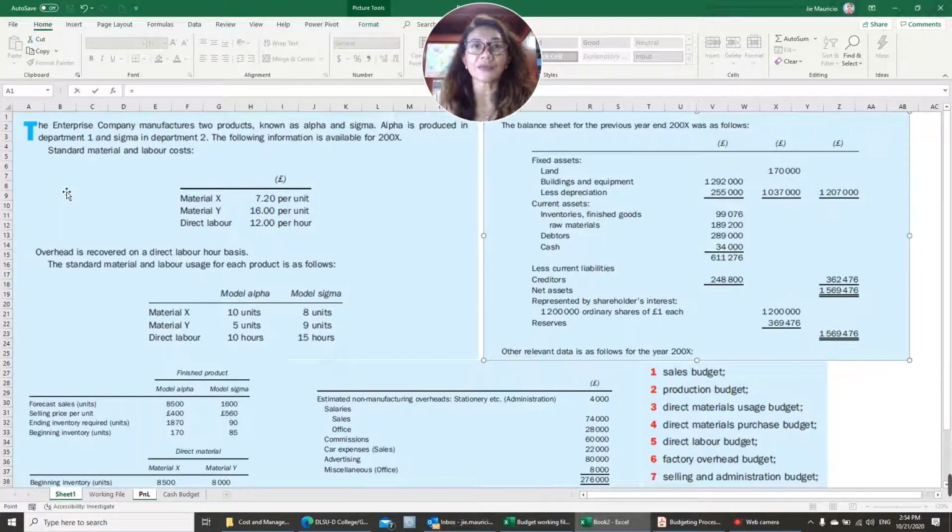You see it here in the balance sheet. So this is given to us. The balance sheet was indicated, and part of current assets includes inventories for finished goods and raw materials. We will first take into account the raw materials and later on show the finished goods inventory. So for the beginning inventory, we will first get the beginning inventory of raw materials.